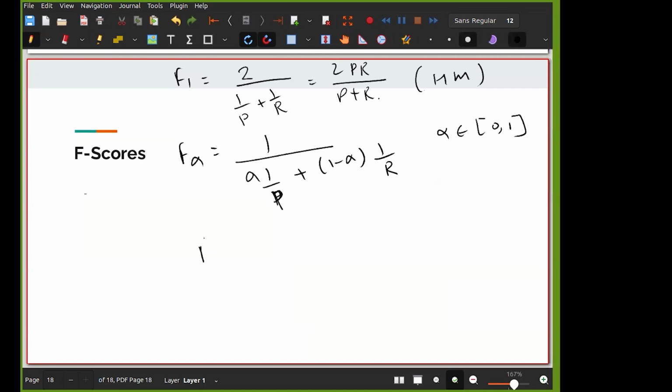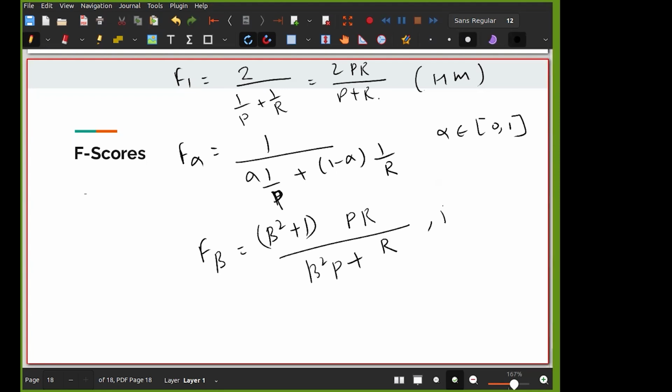Now there's something called F beta score. I'll write down the formula first and then we'll see how it relates to F alpha. Although F alpha is more intuitive to understand, F beta is more popular. So F beta is (beta square plus 1) times PR divided by (beta square P plus R).